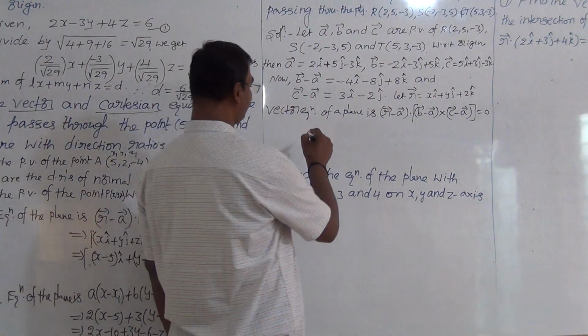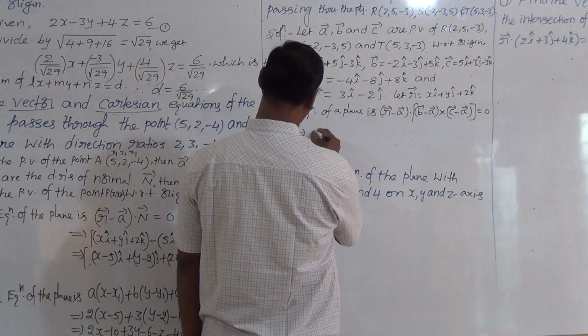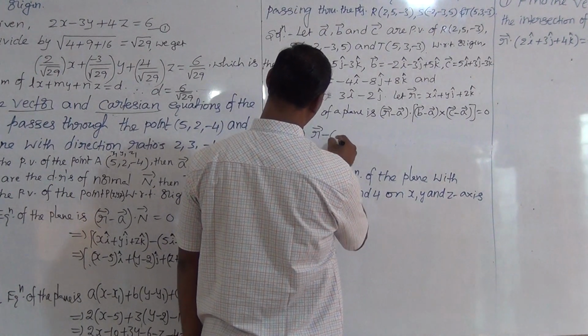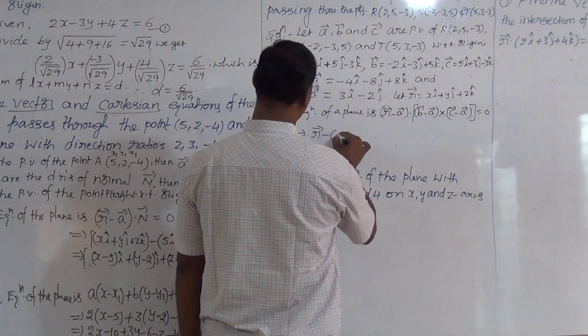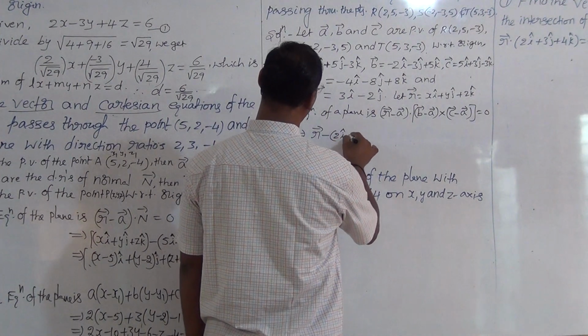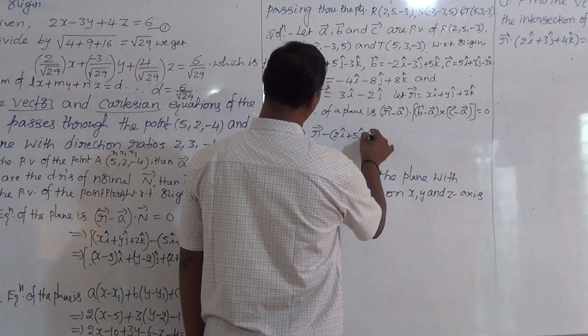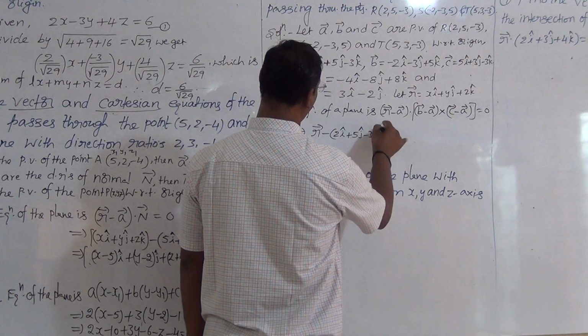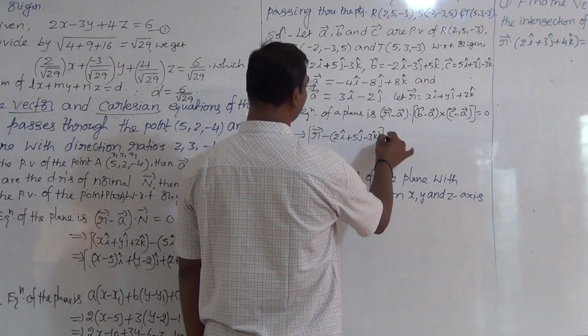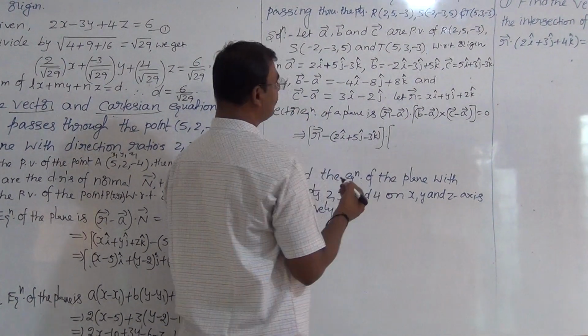Substitute this value. This implies (r bar minus the vector 2i plus 5j minus 3k) dot (b bar minus a bar).